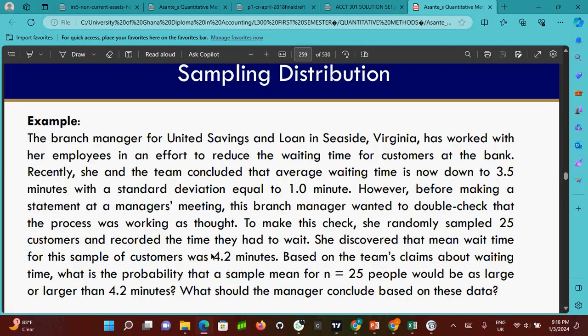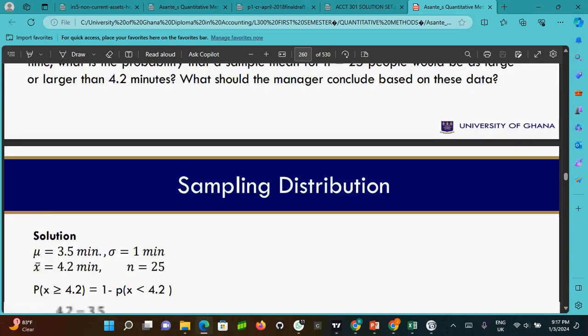This is the old population mean the team has gotten, and now there's a new sample mean. So what we are going to do is the sample mean minus the population mean, all over the standard deviation divided by the root of 25.